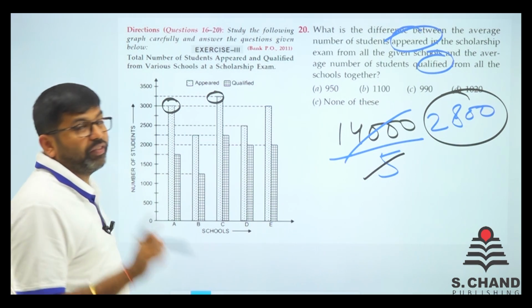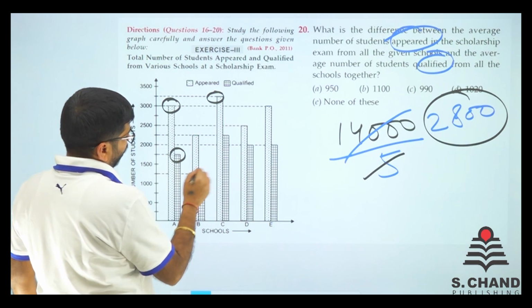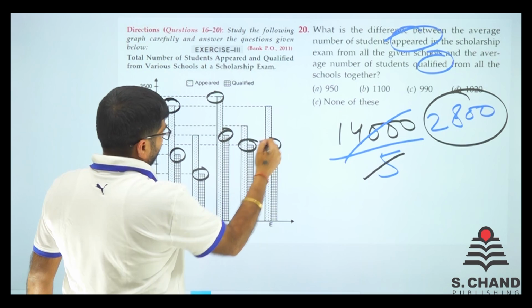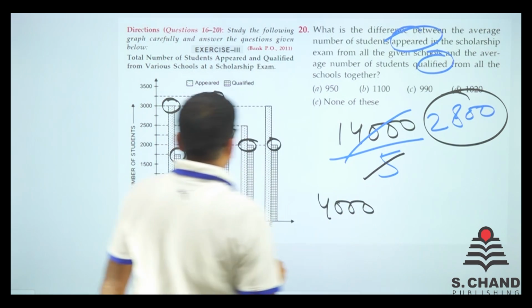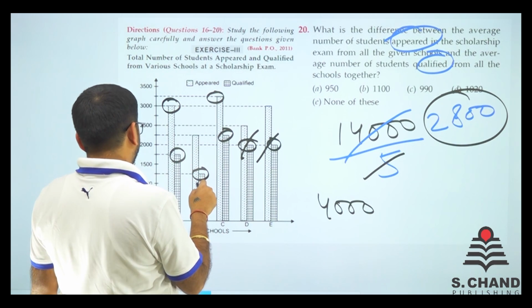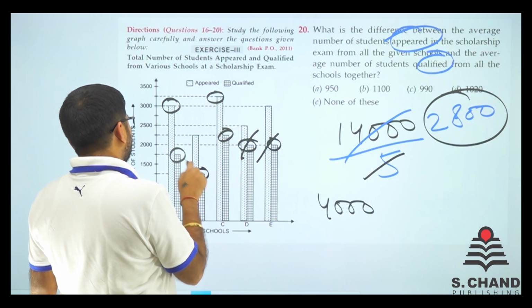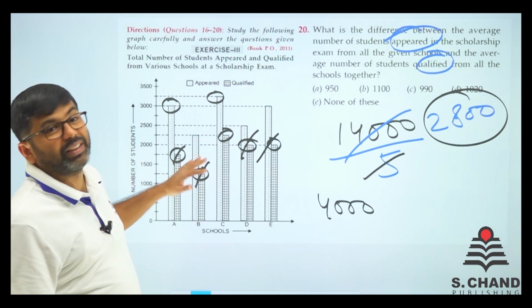So for the qualified we need to calculate them all. So one is like we just mark them first. So these are same. So we got 4,000 here. Just cancel out. Then we have 1250, 1750. So 1250 and 1750 will be 3000.